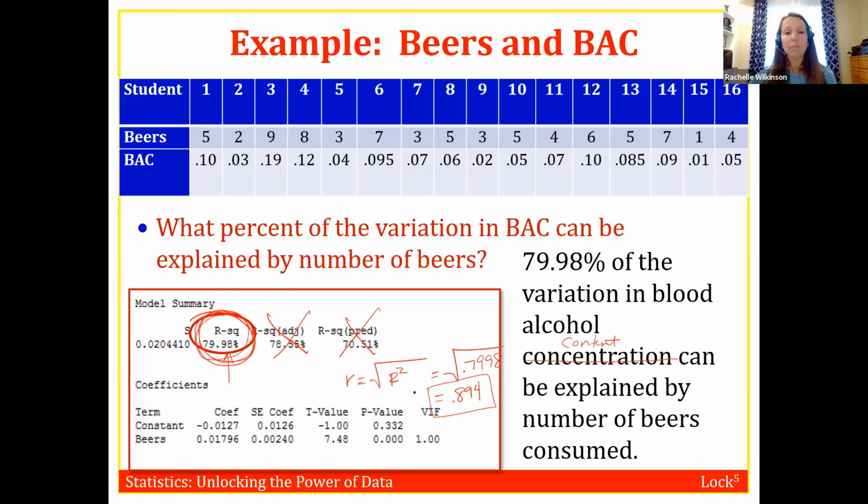The other thing you need to remember, though, whenever you square root something, the answer could be either positive or negative. So you have to look back at your data and decide whether this should be a positive R or a negative R. And you can figure that out by either looking at the slope, because the slope and R should have the same sign.